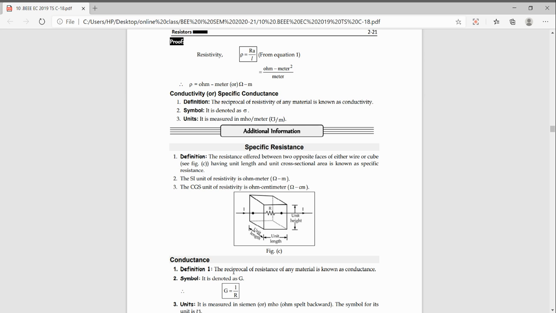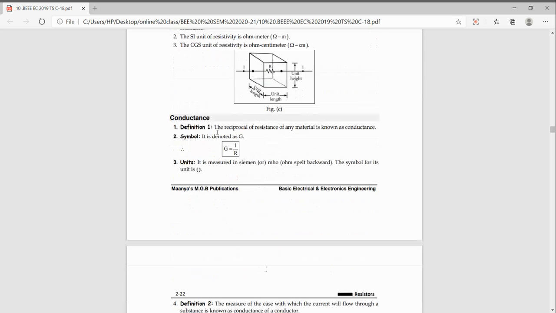Likewise, the conductance is the reciprocal of resistance, so reciprocal means 1 by R. This conductance is denoted by capital G. Resistance is denoted by capital R, and conductance by capital G. So G is equal to 1 by R. It is measured in Siemens.